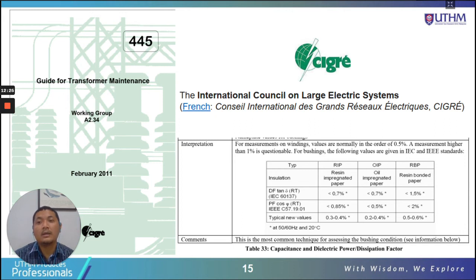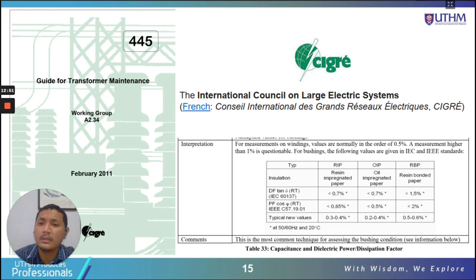Guide for transformer maintenance. The code is 445, CIGRE 445. That is the guide for transformer maintenance. 445 is produced by working group A2.34.